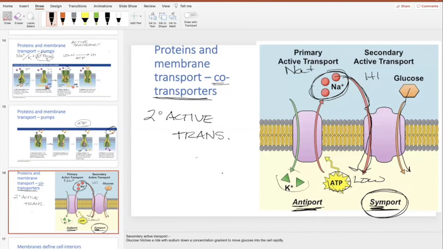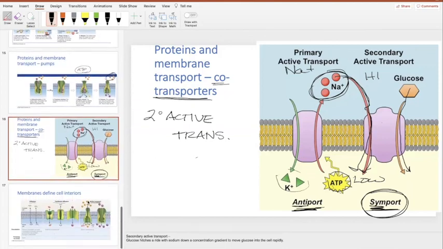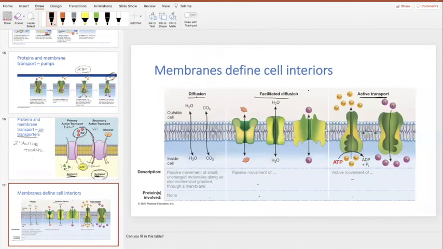All right. The last thing that I want to mention from this chapter is this nice little table here. What this summarizes for you are the three membrane transport mechanisms that I went over in this lecture: diffusion, facilitated diffusion, and active transport. Here you can see some small nonpolar or small polar molecules diffusing from the outside to the inside of the cell.